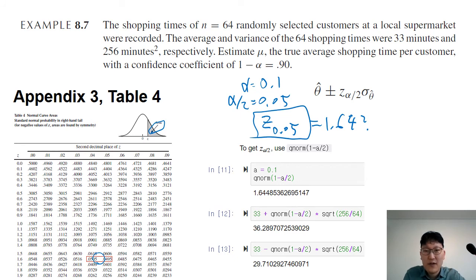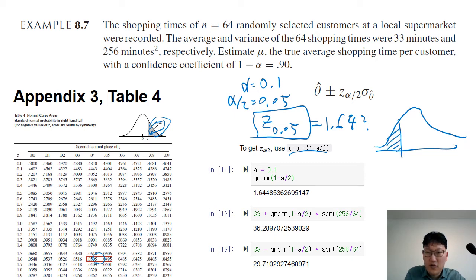However, if you are using R, it's easier. The one difference is that when you are using R, the direction is opposite. In the table, the area is this side, but when you are using qnorm, the direction of the area is this side.